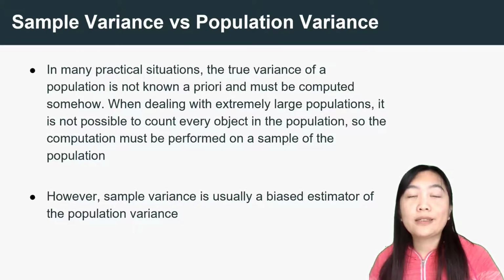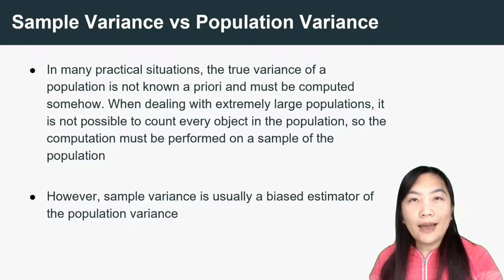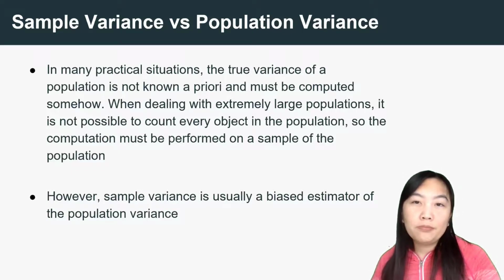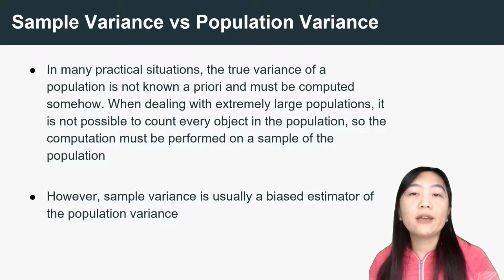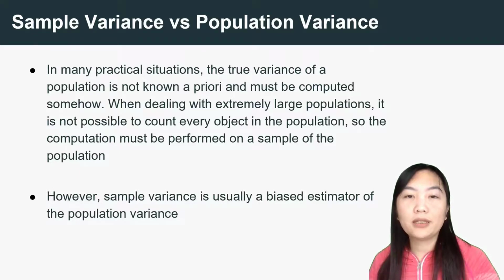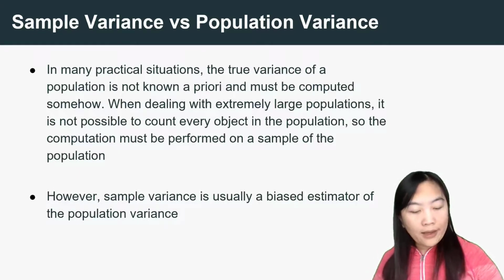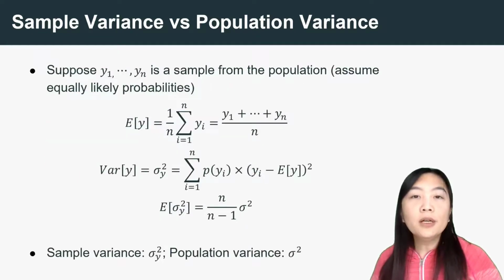It's okay if you don't understand what an estimator is. Basically you calculate the sample variance and then you say the population variance should be the same, but usually that depends on the size of your sample.